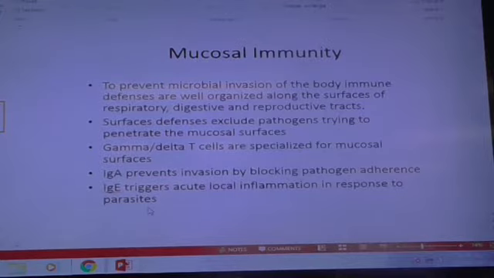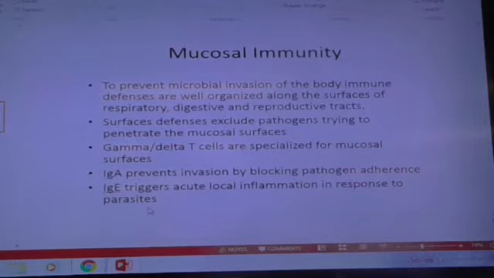Again, IgE is also involved, and we will talk about that when we talk about allergies or hypersensitivities. IgE sometimes binds to allergens such as pollen, for example, in some people, and causes hay fever in the spring, right? What exactly happens? IgE binds to that pollen and then triggers the mast cells to release histamine in the lungs.